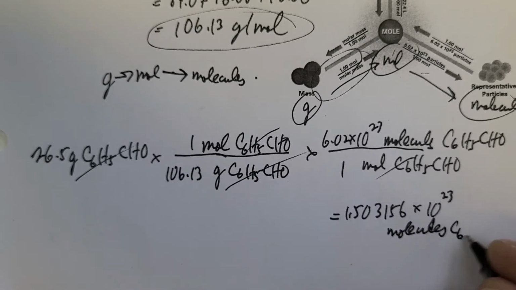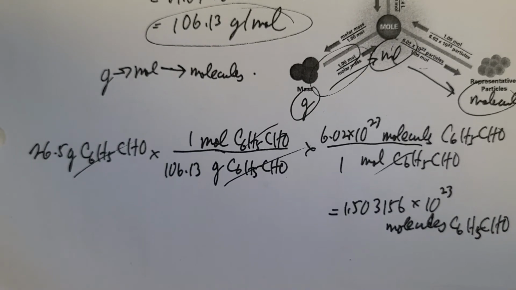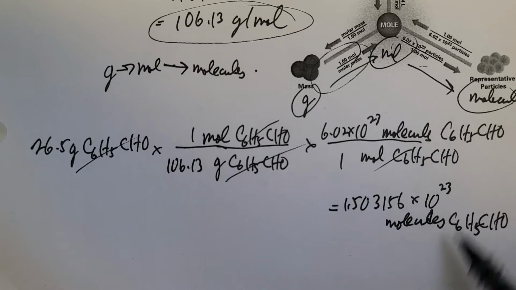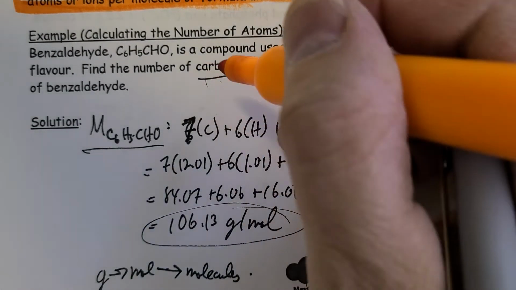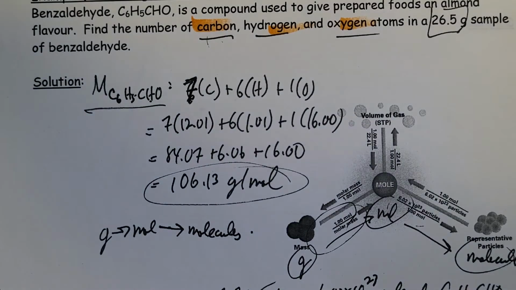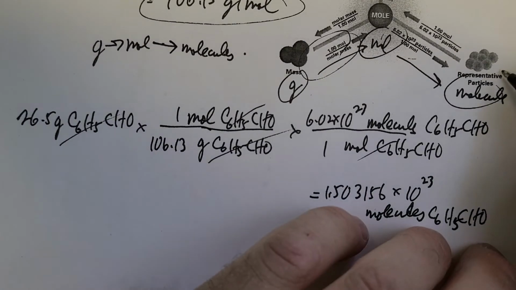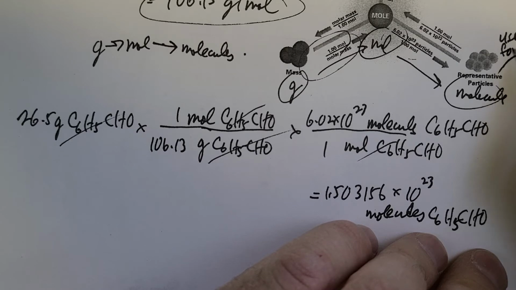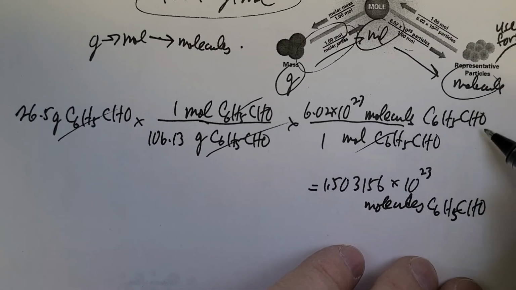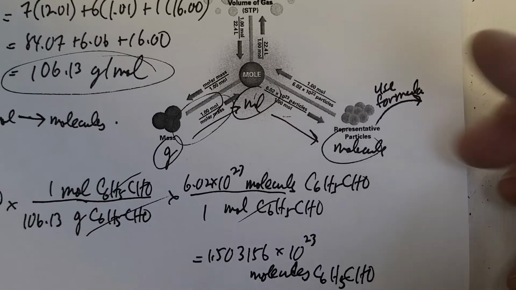Molecules of C6H5CHO. All right, so here I am. I know molecules of that, but I want to figure out individual carbon, hydrogen, and oxygen atoms. And to do that, we use the formula, C6H5CHO.